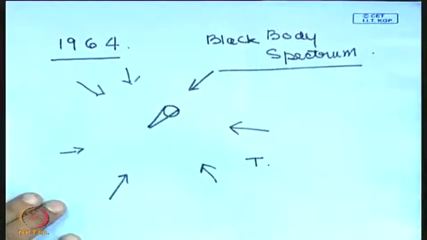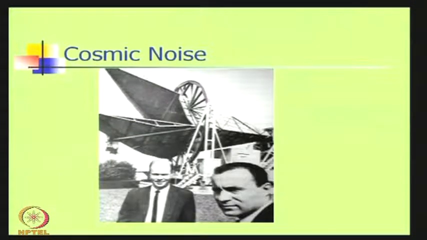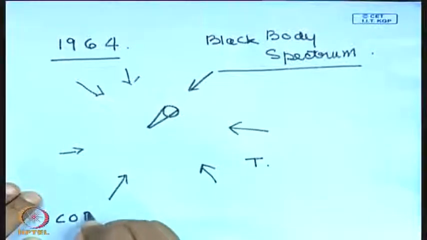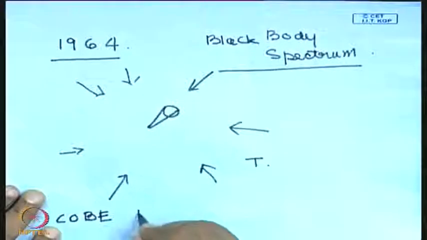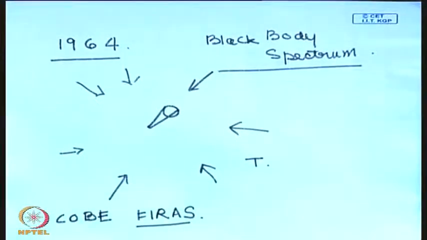It is now quite well established and well accepted that the radiation originally discovered by Penzias and Wilson is indeed a black body spectrum. There was a NASA satellite called COBE, Cosmic Background Explorer, which had an instrument called FIRAS, Far Infrared Spectrometer, which measured the spectrum of this background radiation.